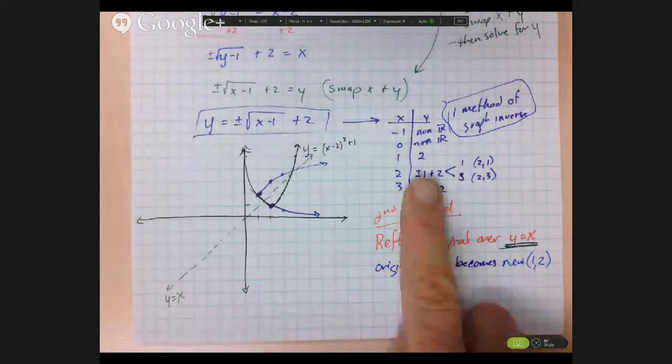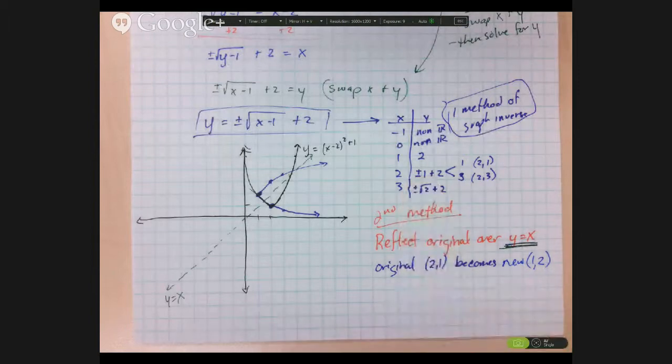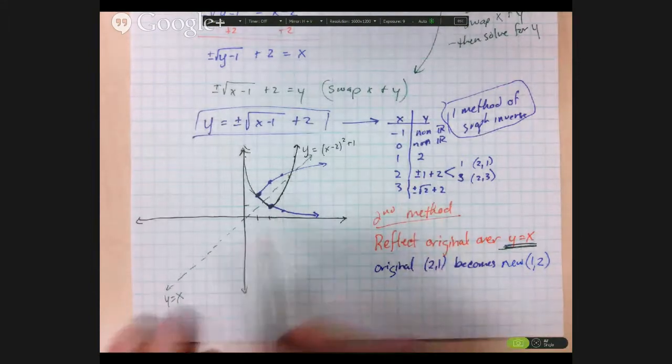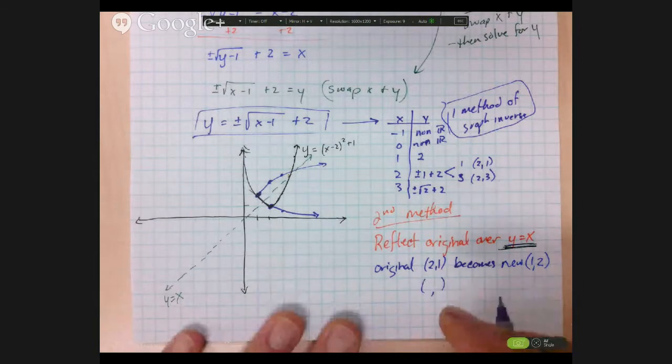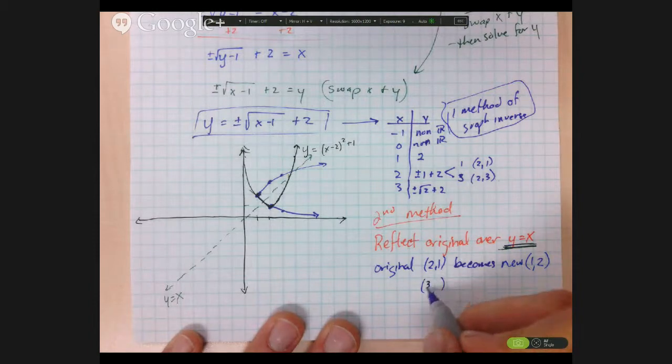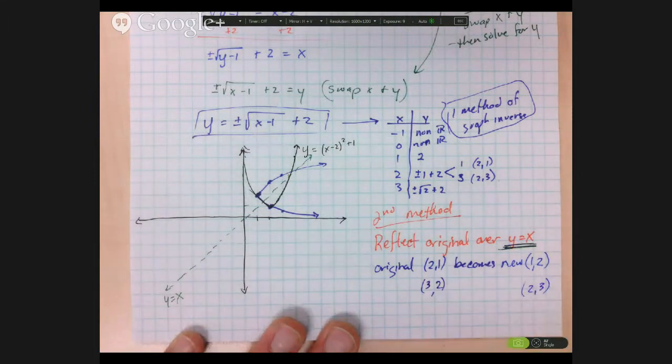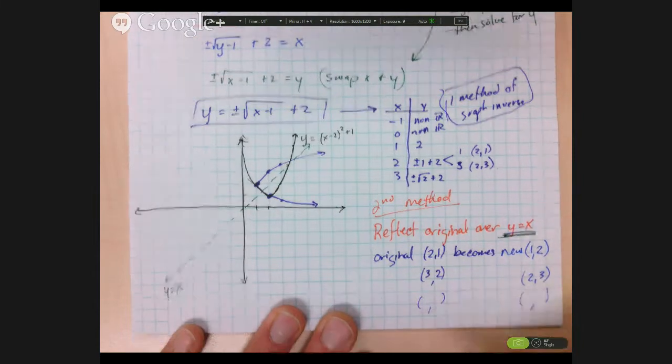So look at these points. I know on my original, I have, give me another point on the original. 3, 2. What does that become? 2, 3. All right, you see how it's working? How about one more?